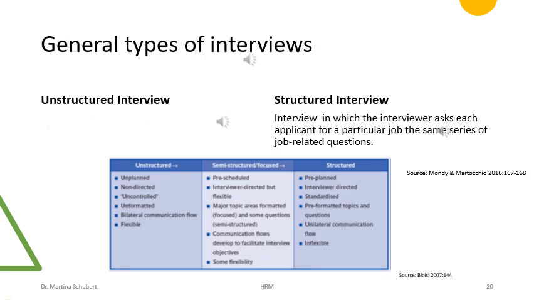We can differentiate between unstructured interviews, structured interviews, and semi-structured focused interviews. If we talk about unstructured interviews, you ask probing open-ended questions. This type of interview is comprehensive, and the interviewer encourages the applicant to do much of the talking.